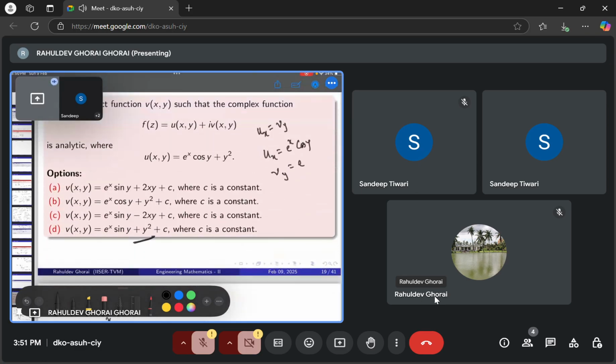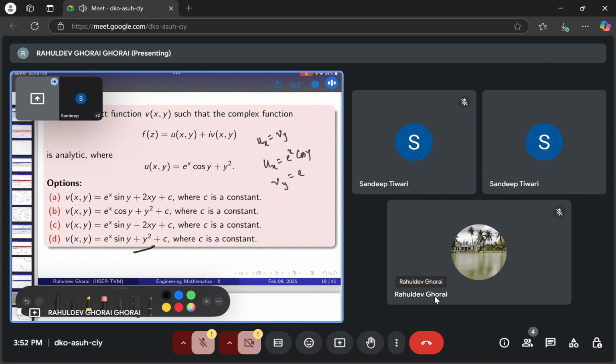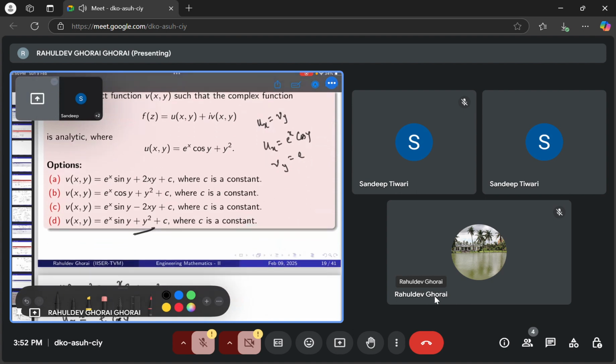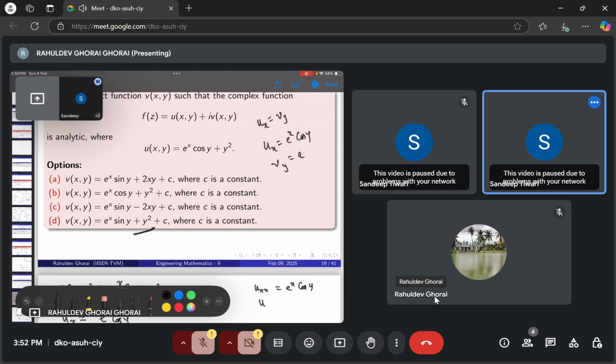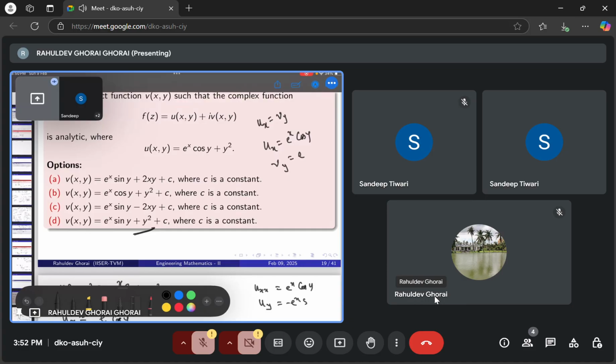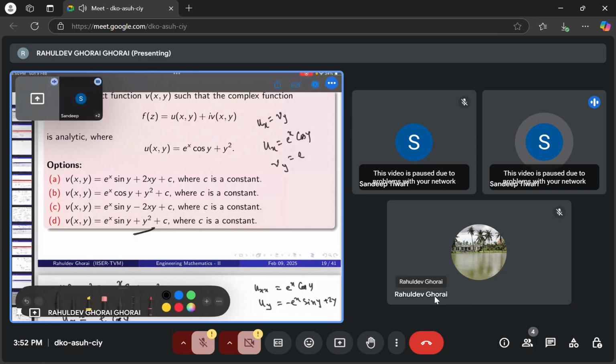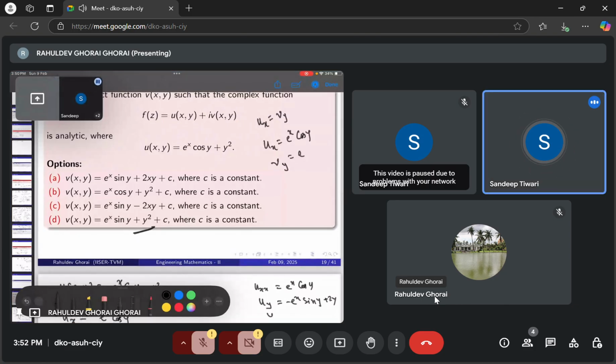Yes. So if you take Uxx, it will be e to the power x cos y. Yes, sir. And Uyy will be e to the power x sin y plus 2. Sir, 2 is there, sir. Uyy will not be equal to 0.